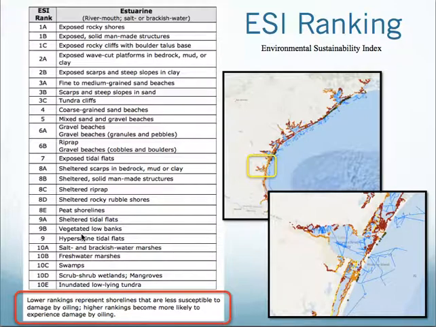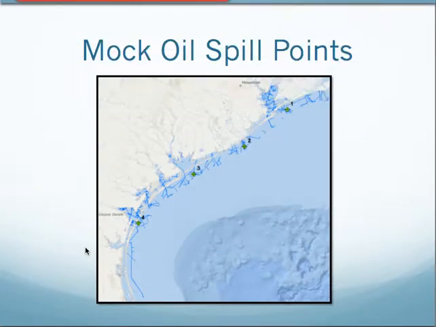So we're talking vegetated areas, marshes, swamps, wetlands, mangroves, areas that would absorb the oil and would be very hard to clean up. I'll be focusing on areas like this along the coast throughout my project, because these areas would be most affected in the event of an oil spill.